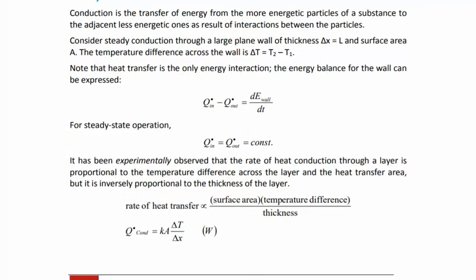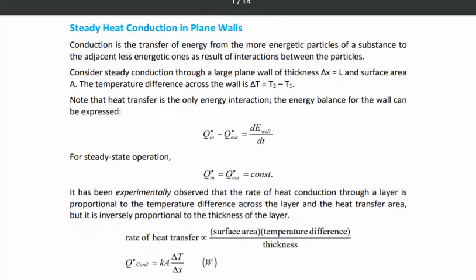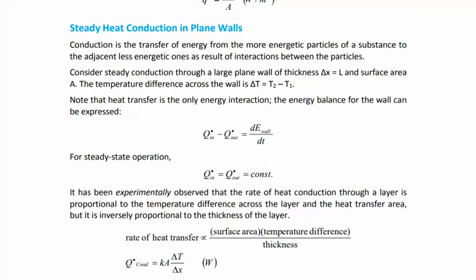Let's discuss the next topic, heat conduction in a plane wall. Conduction is the transfer of energy from the more energetic particles of a substance to the adjacent less energetic ones, as a result of interaction between the particles.